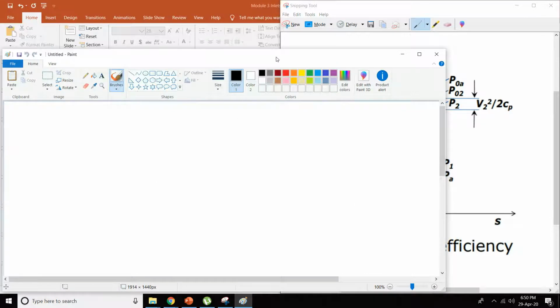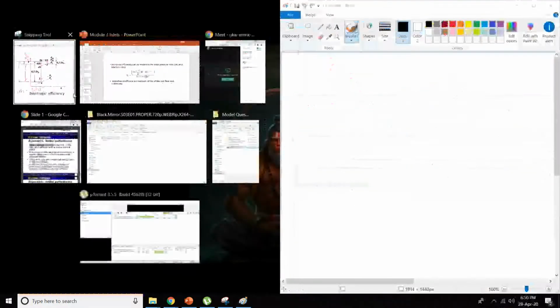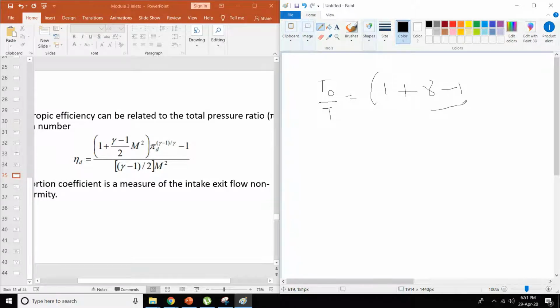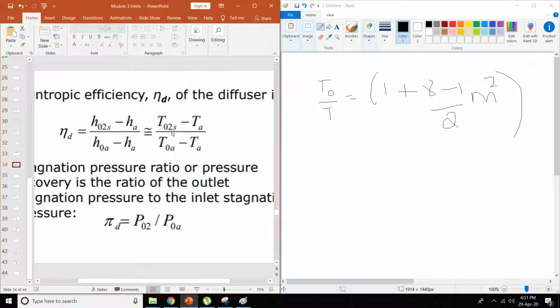So how do you get to this point? Like yesterday we had one derivation which is not important from your syllabus point of view, but you should know it. If you take stagnation temperature to the actual temperature, it will be equal to 1 plus gamma minus 1 divided by 2 into Mach square. So we saw this derivation. This is again stagnation temperatures, correct?